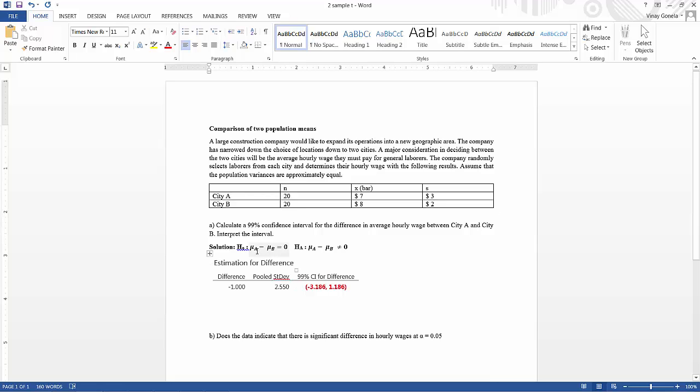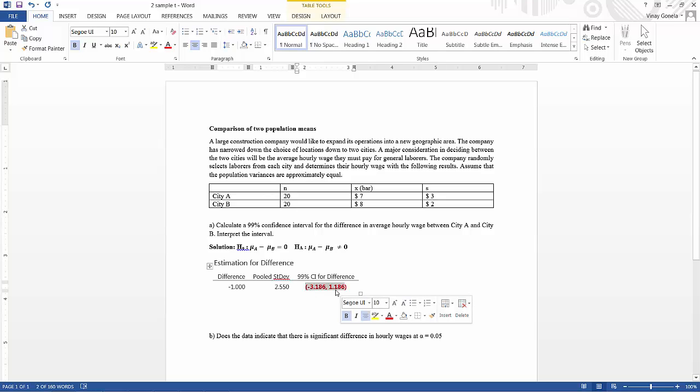So our mu1 minus mu2, that is mu A minus mu B value, will range between negative 3.186 and 1.186. So there is 0 in this interval. If you go to your number line, you will observe that 0 will be between negative 3.186 and 1.186. So that means our null hypothesis is true.